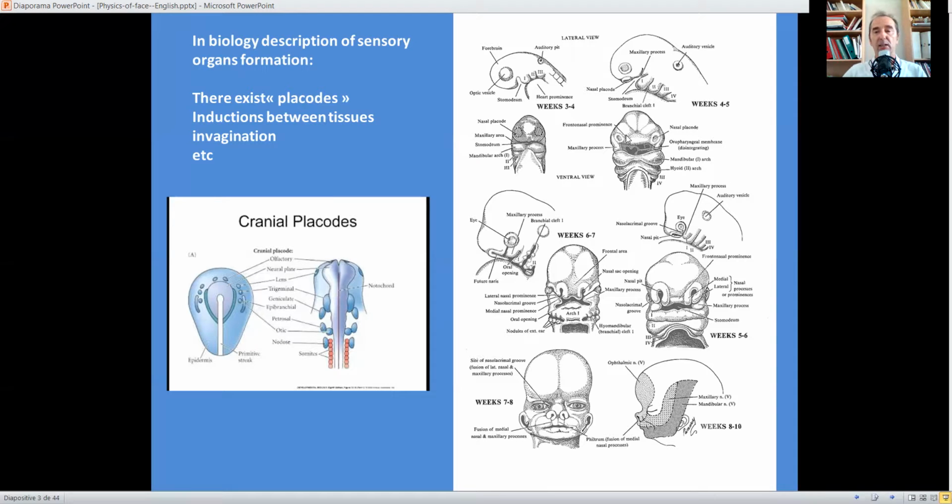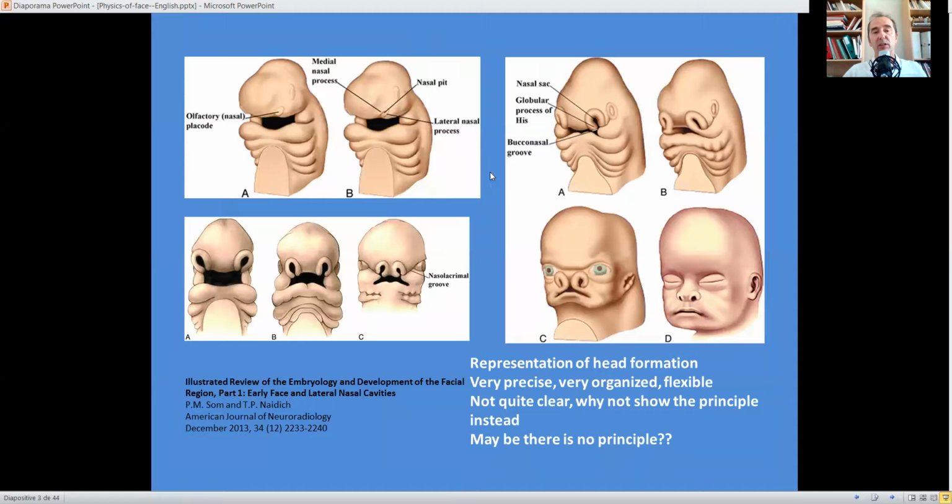And you will find plates showing the development of the animal or of the human in utero, at different stages. This kind of plate, you find them on the internet or in textbooks. They represent head formation at different stages, and you see that there are folds, cavities, involution of tubes, of nasal pits.